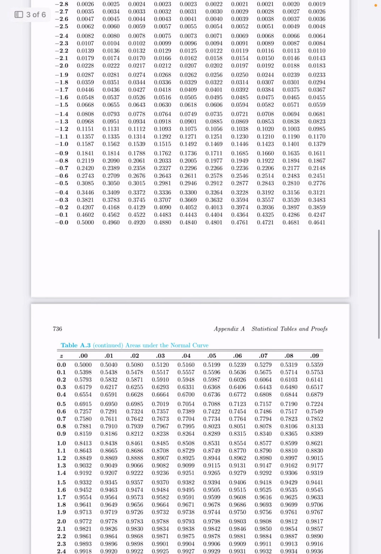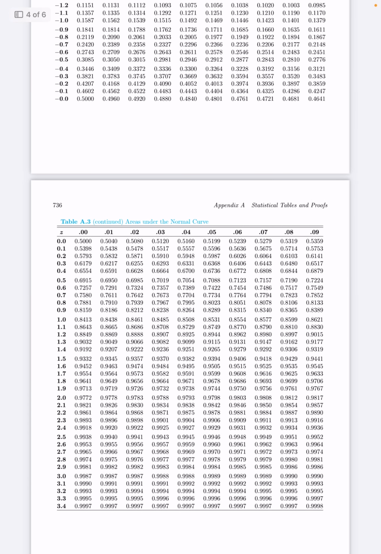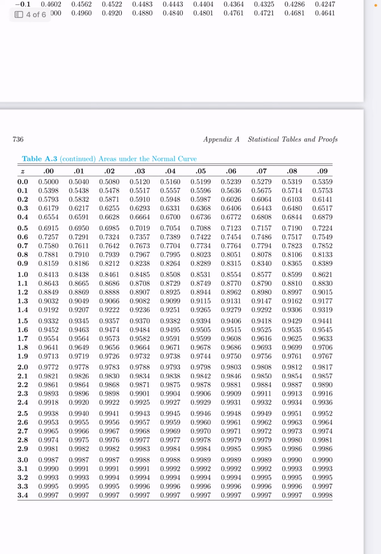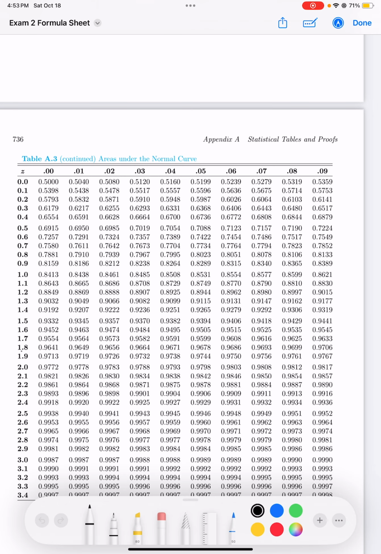So now we can pull up our z table. And we'll see over here, so we have 1.8, and then 0.6 is over here. So if we look at the intersection, we get this value over here, 0.9686.